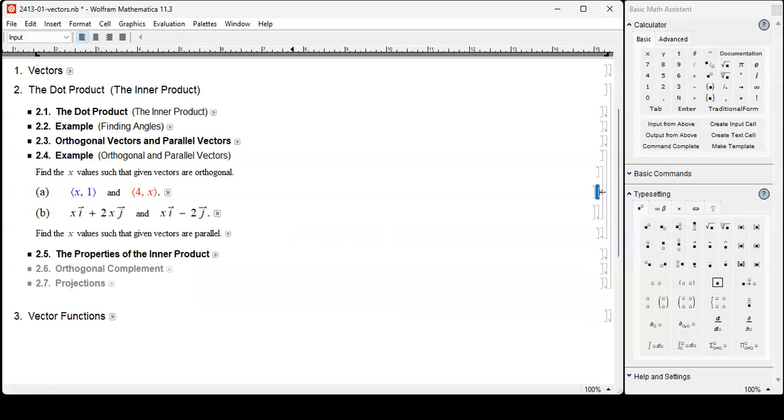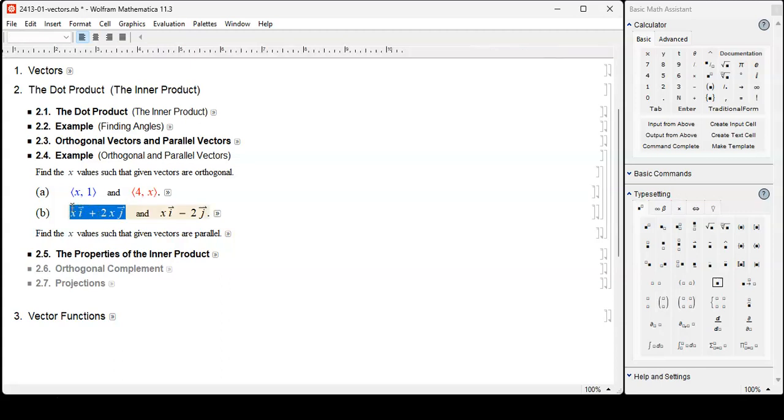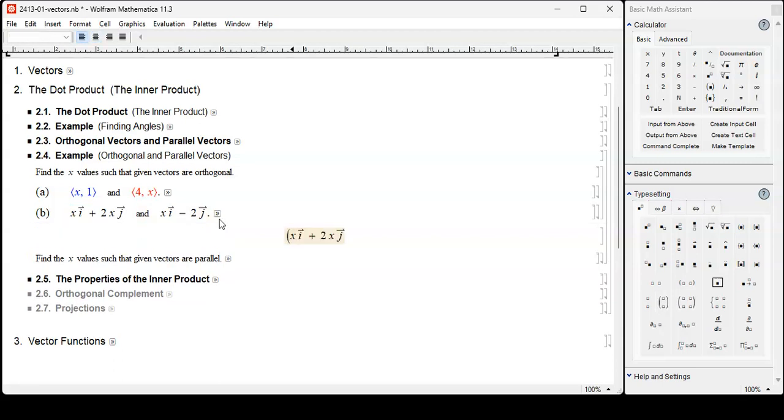How about the next example here? xi plus 2xj versus xi minus 2j. Well, I use ij expression, but the dot product computation is pretty much the same. Dot product of this one.